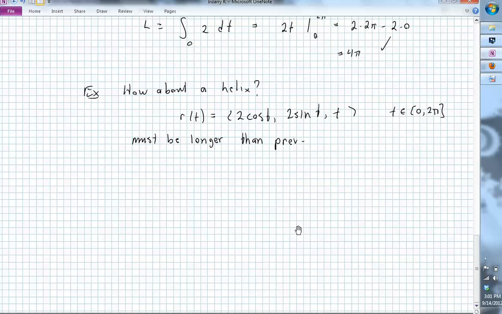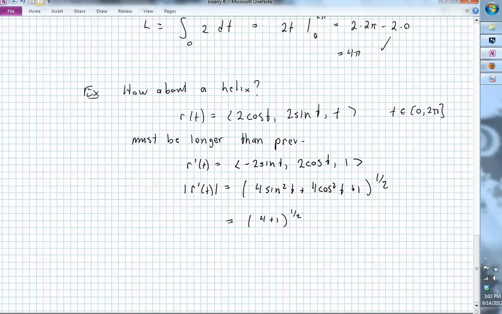The calculation is very similar. So we'll grab r prime, and we'll grab the magnitude of r prime. And this is where you begin to see the difference. That's really the square root of 4 plus 1, aka root 5.